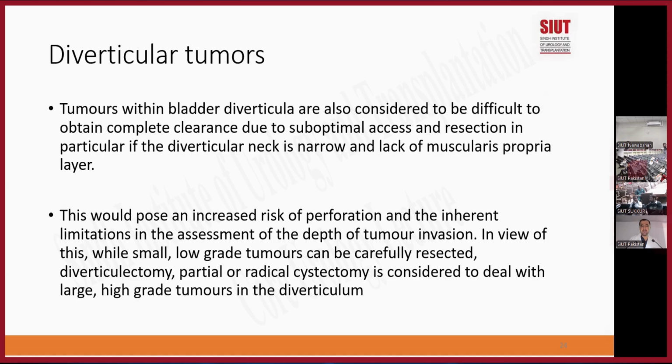This poses an increased risk of perforation and an inherent limitation in the assessment of the depth of tumor invasion. In view of this, small low-grade tumors can be carefully resected. Diverticulectomy, partial or radical cystectomy is considered to deal with large high-grade tumors in the diverticulum.